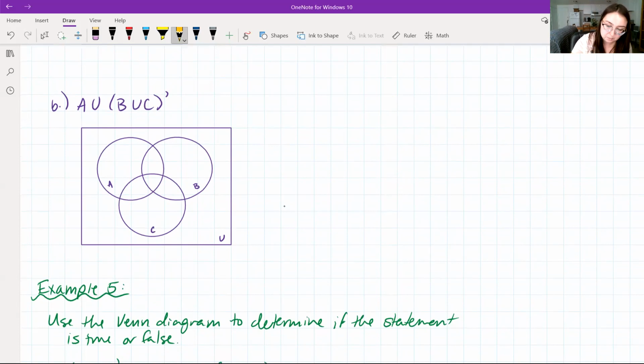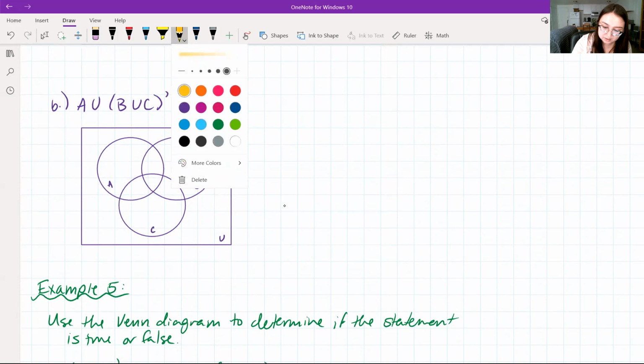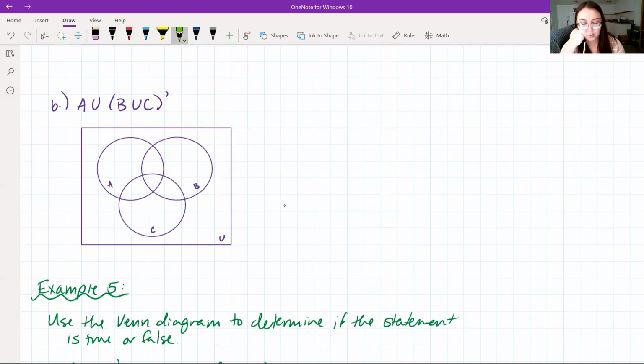So let's pick some different colors. Pick green. So remember, we want to find our values of B union C complement first.